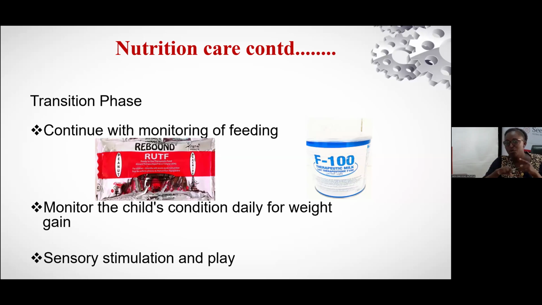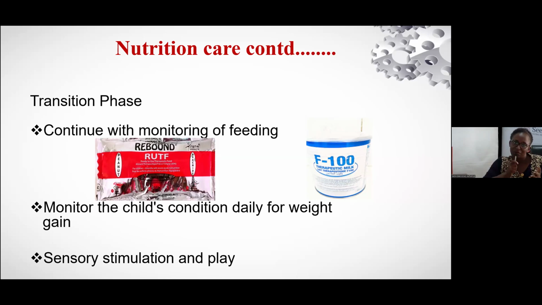But you have to continue monitoring this child while in the transition phase. Transition phase is basically for monitoring. This child stays in transition for about 3 days. You want to see, is the child stable, can he tolerate going to the rehabilitation phase, which can be managed even in the outpatient clinics, the OTC.